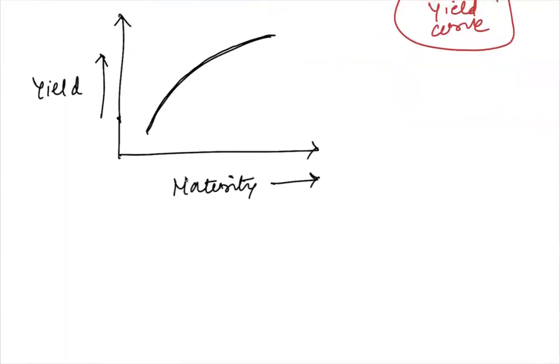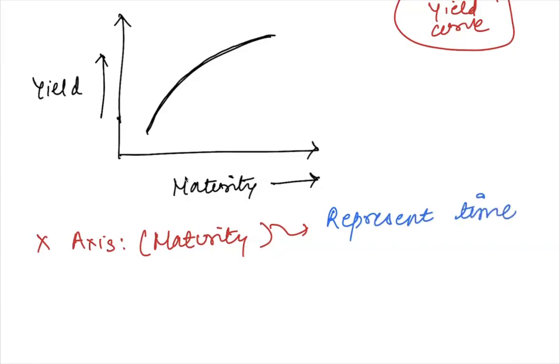So what is on the x-axis? On the x-axis we have maturity. What does maturity mean? It represents the time to maturity of a bond.